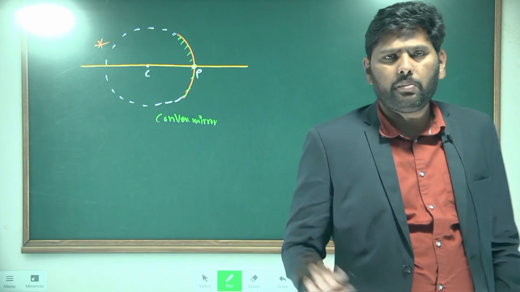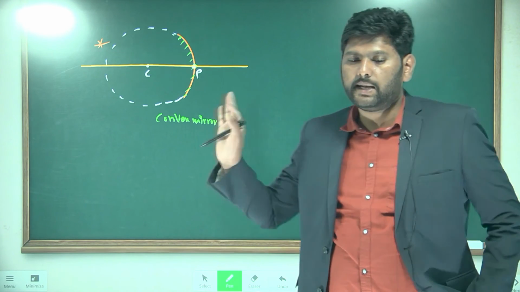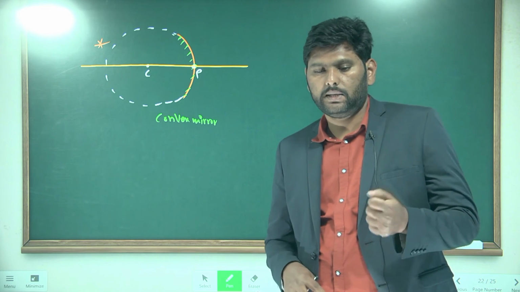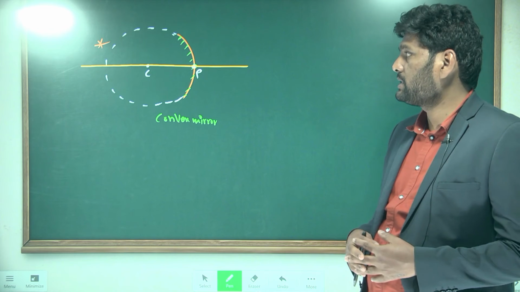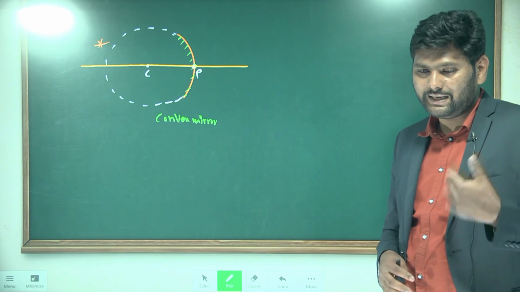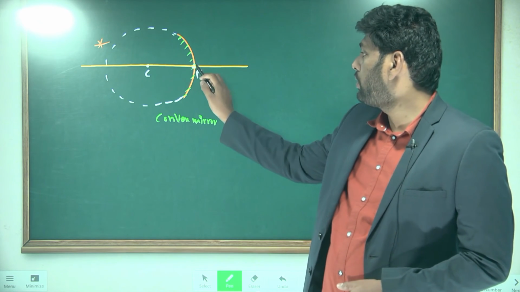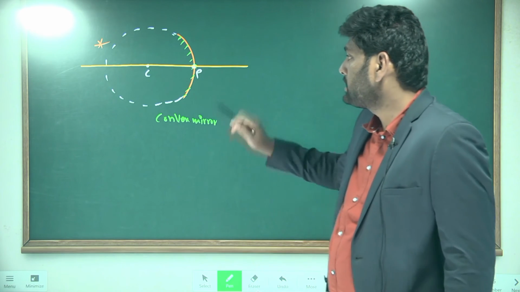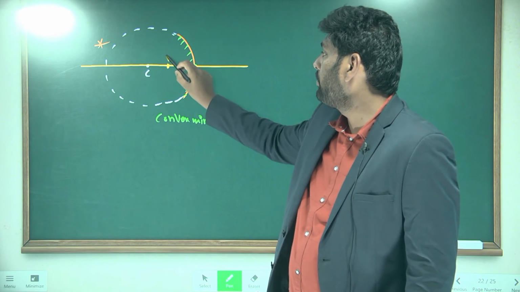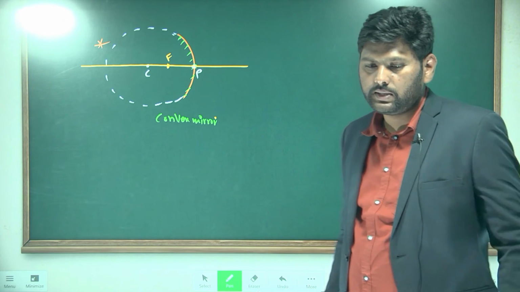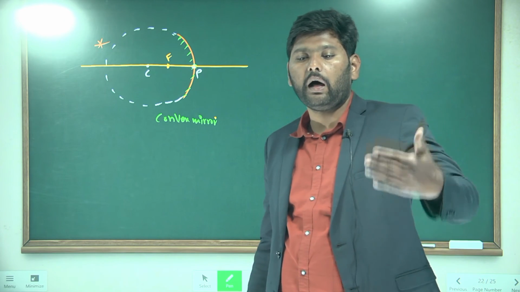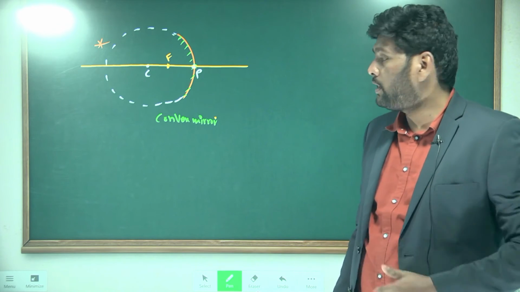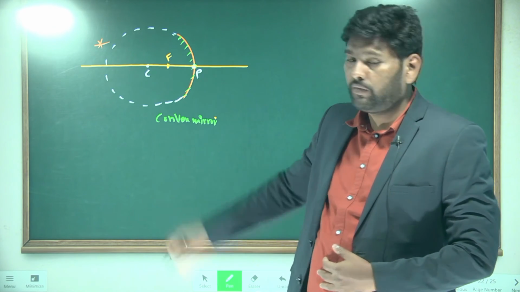You must remember these terminologies, because we'll use this terminology frequently. Understand? So this is the pole, this is the center, sorry, this is the principal axis. Somewhere over here we have a focus. What is meant by focus? After reflection, the point where all the reflected light rays intersect is known as the focus.